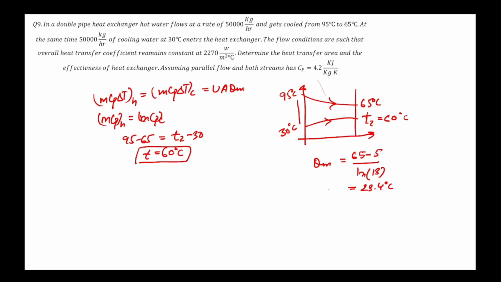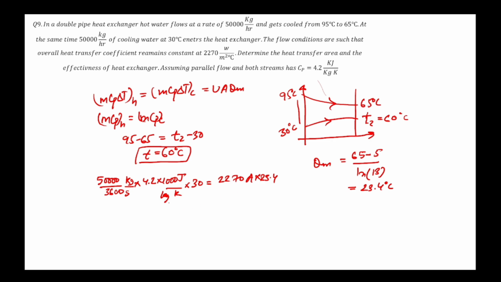23.4 degrees Celsius. Now take any one of these: 50,000 divided by 3600 kg per second into 4.2 into 1000 joule per kg Kelvin into 95 minus 65, that is 30, is equal to U into area into 23.4.